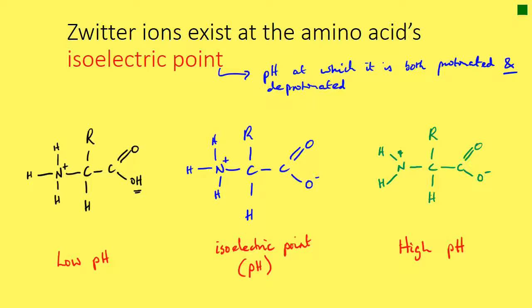And at a pH lower than the isoelectric point, this amino acid will exist differently. So let's draw it in a different color. So we've got the same basic structure.